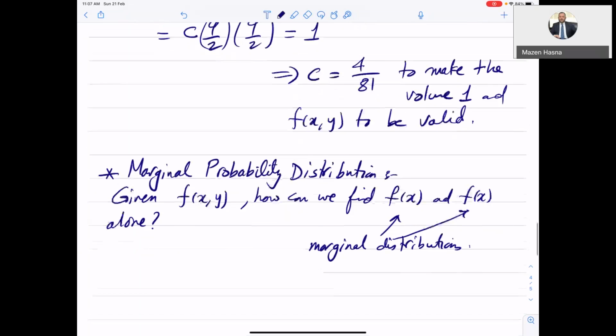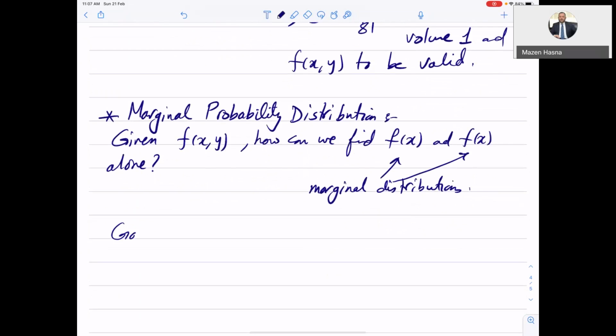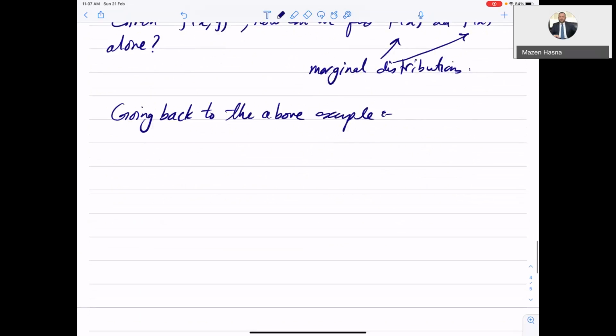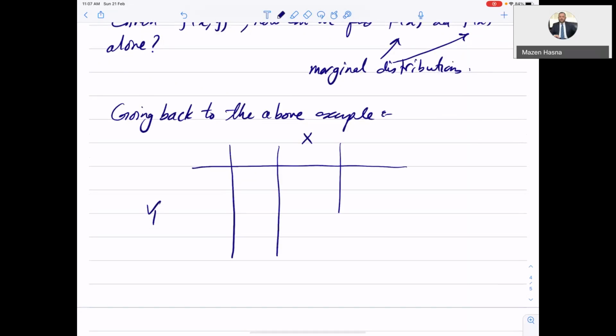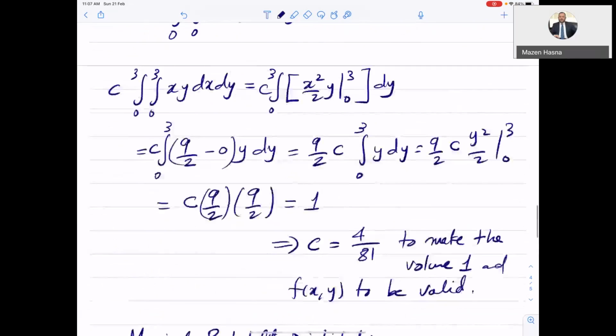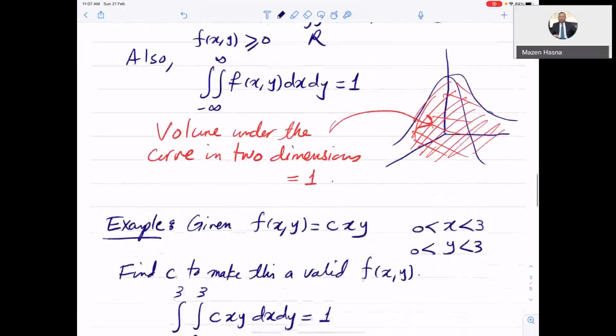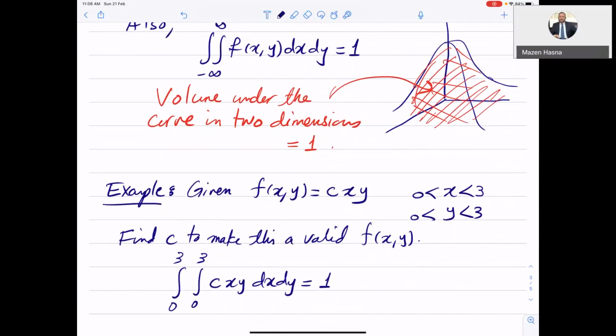So, going back to our example, to the above example, we had, if you recall, x, here we had y, and then x was 1, 2, 3, and y was 1, 2, 3, 4. And I think I have the numbers somewhere.